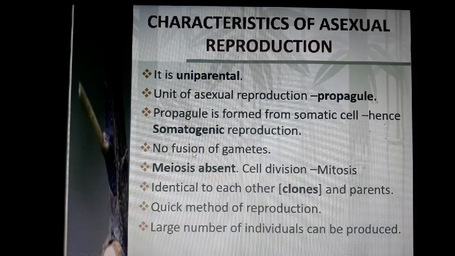Here there is no involvement of gametes. There gametes are formed. Gametes take part in fertilization and that results in the formation of zygote. Here the cell division is mitosis only. In sexual reproduction there is mitosis as well as meiosis. Remember that organisms are diploid.